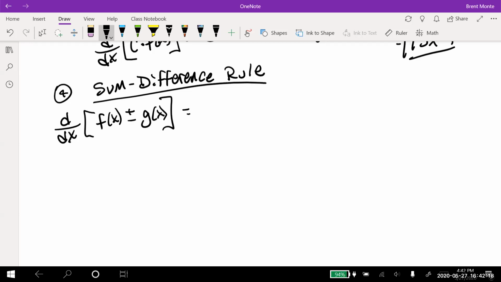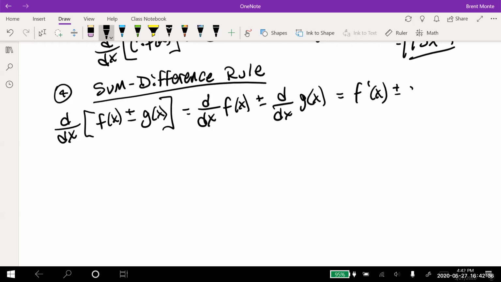The book writes it like this. I'm not a huge fan. It's the derivative of f of x plus or minus the derivative of g of x. But I'd rather just write it as f prime of x plus or minus g prime of x, because we know that prime just means we're taking the derivative.